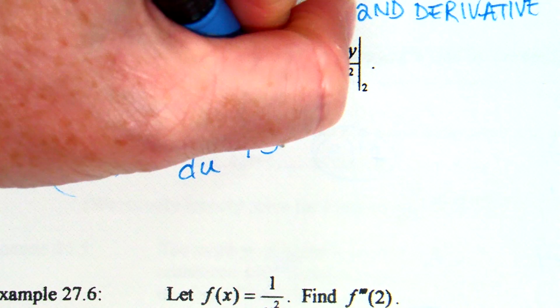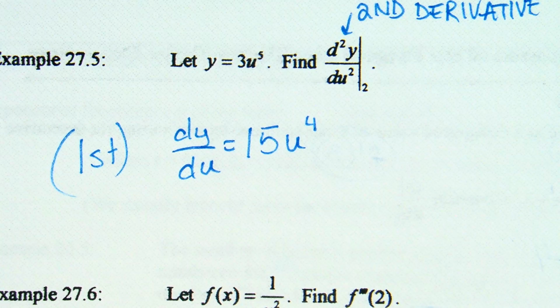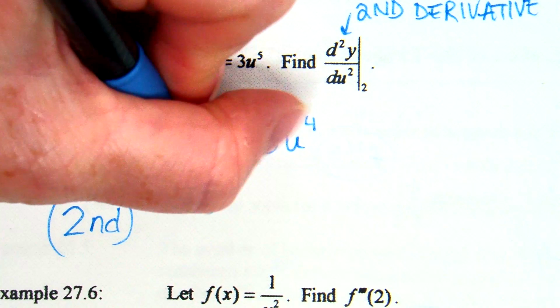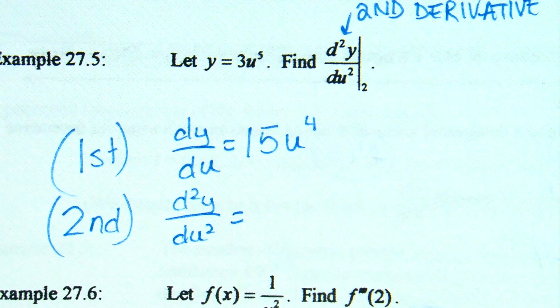That's the first derivative. How do I find the second derivative? Take the derivative of what we just have here. So d squared y over du squared. What is the derivative of 15u to the 4th? 60u to the 3rd. Bring the 4 out front. 4 times 15 is 60. Subtract 1 from the exponent, u to the 3rd.